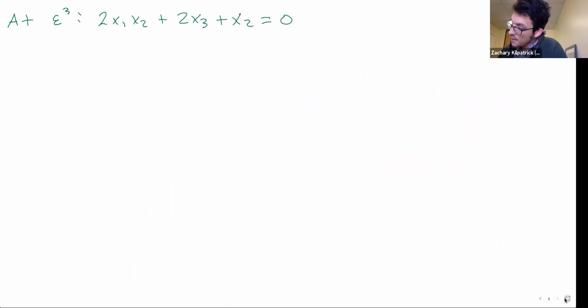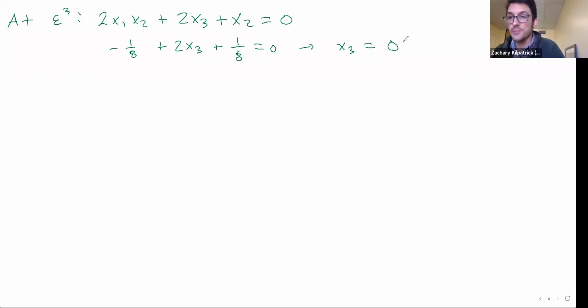Now if I combine all these terms, I get 2 times minus a half, so I just get a minus 1, so I get a minus 1/8, plus 2x3 plus 1/8 equals 0. So this just implies that x3 equals 0. And isn't it true? I don't have an epsilon cubed term in my other expansions that I built for this solution. So that's consistent.